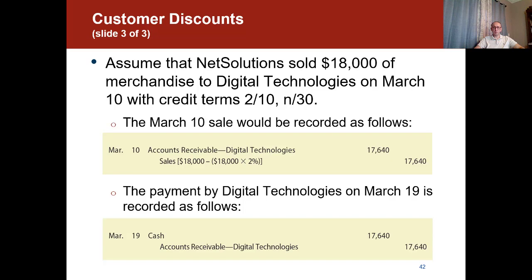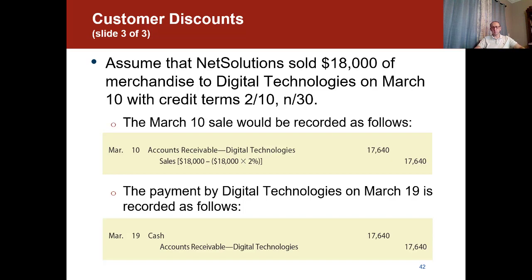In this case, we assume that the customer is going to take advantage of this 2% discount, because any smart person would take advantage of that, because we've seen before that 2% for paying 20 days sooner is equivalent to 36% per year. So what are we going to do?